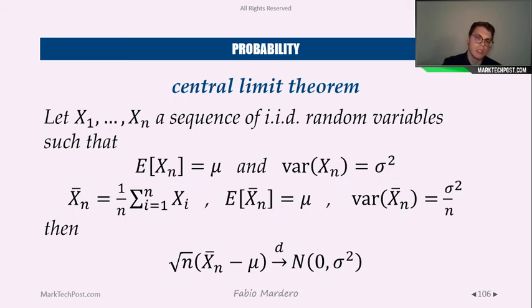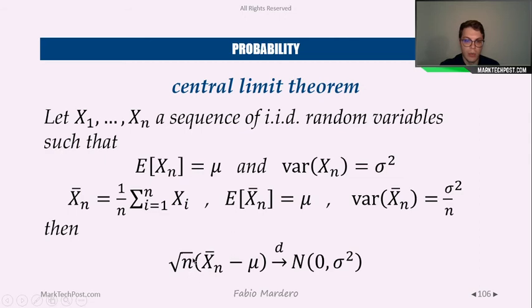The central limit theorem expresses that the sample average converges in distribution, as n goes to infinity, to a normal distribution.